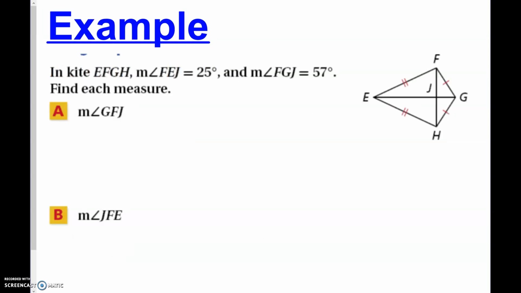All right, in this kite, so we know that this is definitely a kite. FEJ is 25 and FGJ is 57. Ooh, tiny angles in here. Find GFJ.